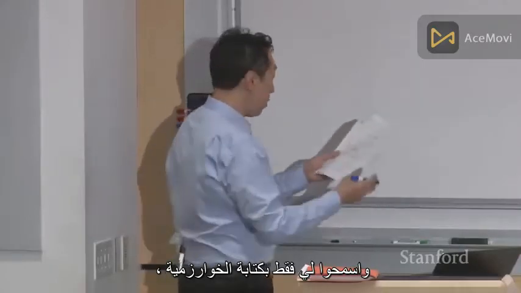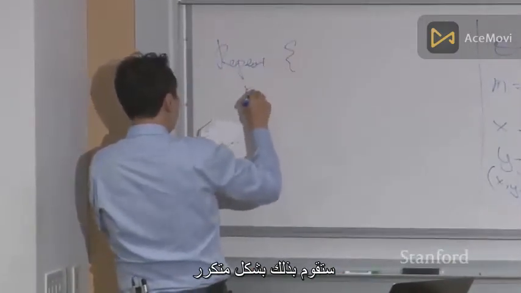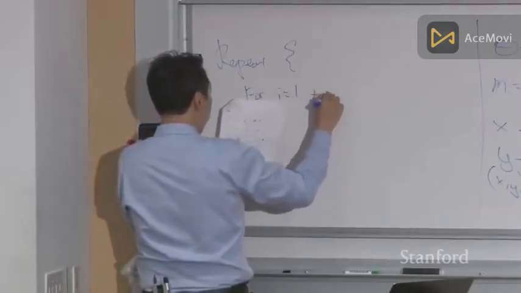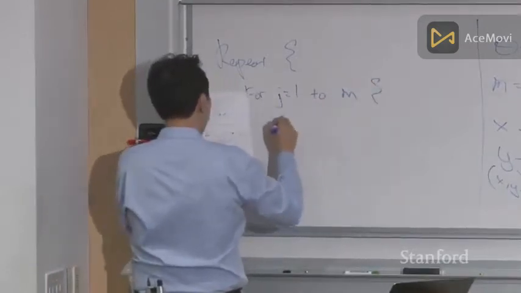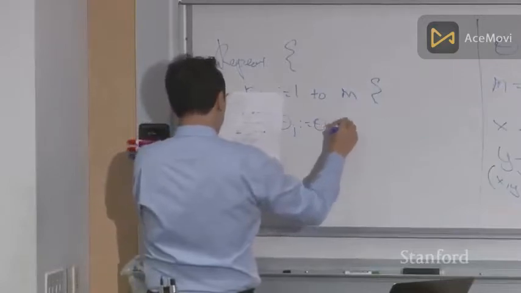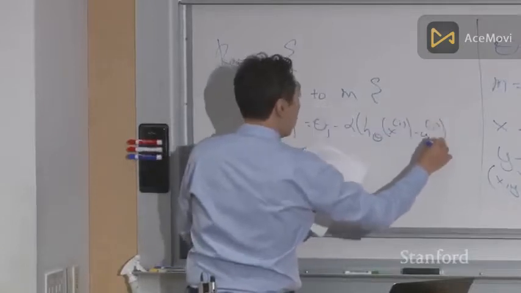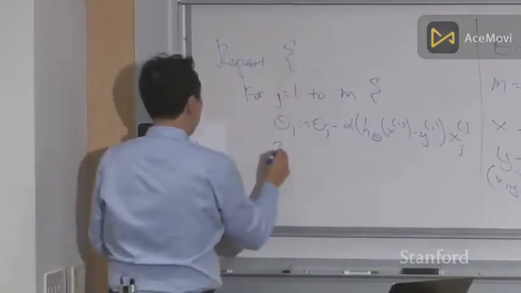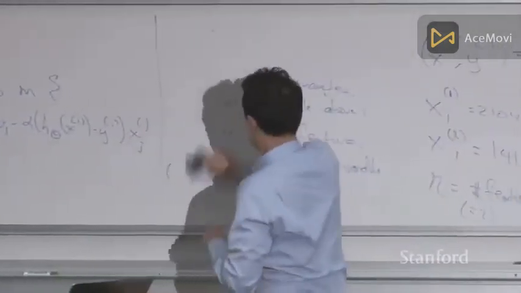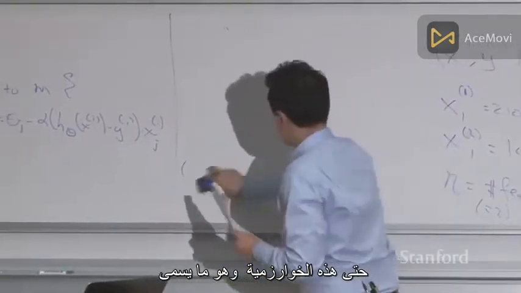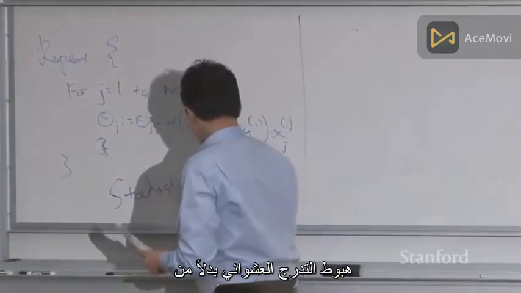Let me just write out the algorithm here, then we can talk about it, which is going to repeatedly do this. This algorithm is called stochastic gradient descent.